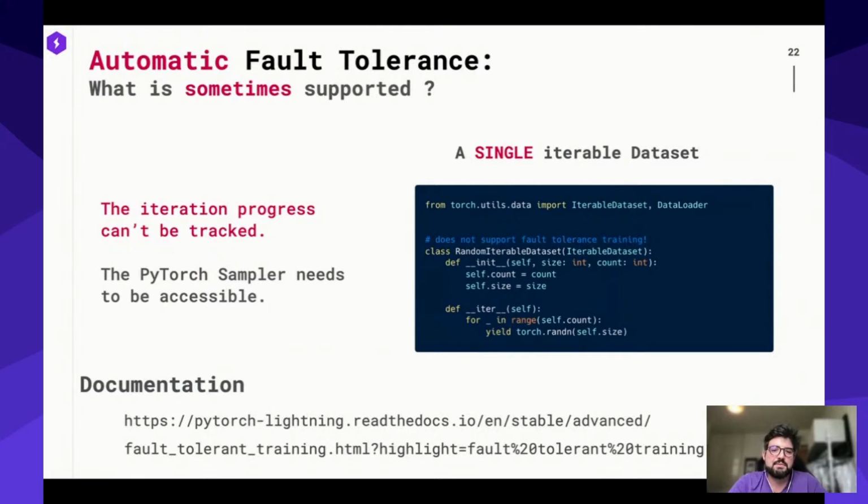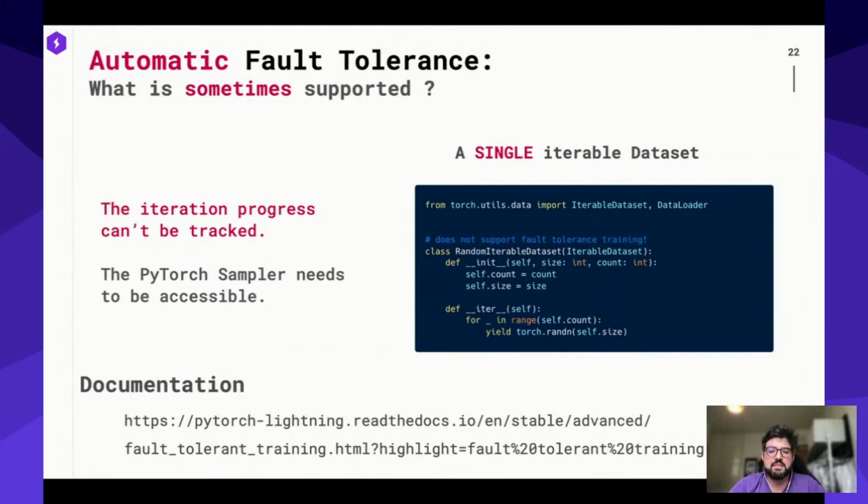What is sometimes supported? I think the component which is the hardest is really the iterable dataset. An iterable dataset is a specific kind of dataset where you have to implement an iter method that returns a generator where you yield the samples.